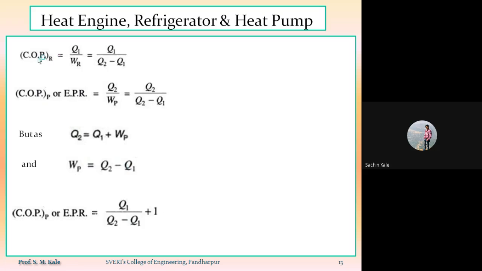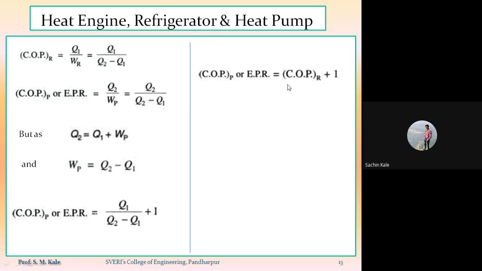So instead of this term, I can put the value as COP of refrigerator. So COP of heat pump or energy performance ratio is equal to COP of refrigerator plus 1.